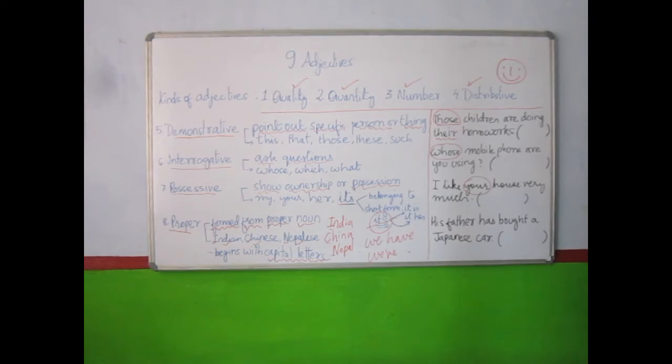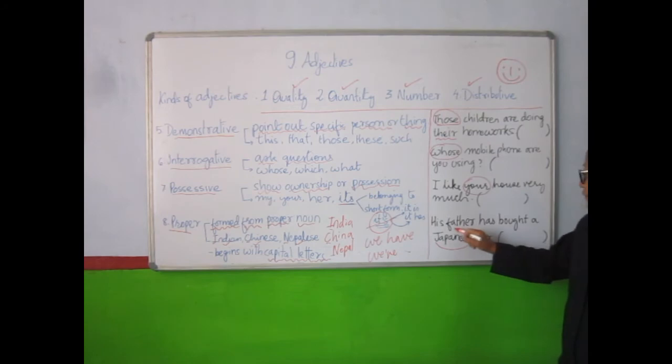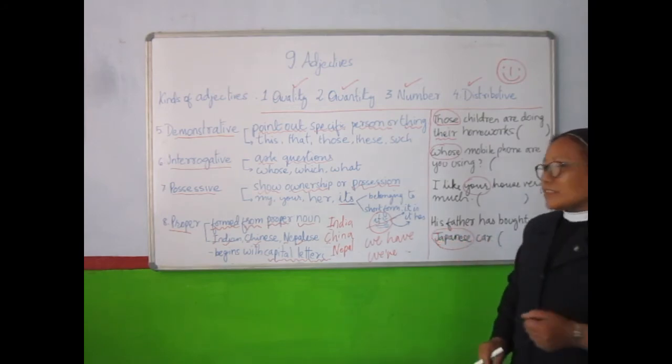Next sentence. Come on, spot the adjective. Father, Japanese, bought, his. Which one? Okay, Japanese. That's right, children. Very good.